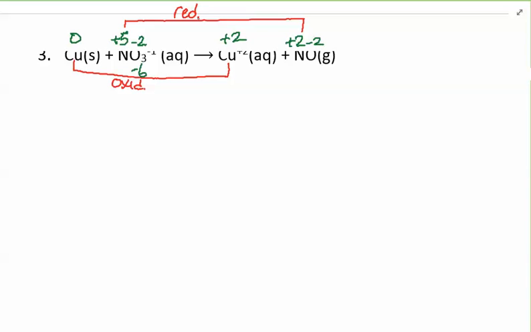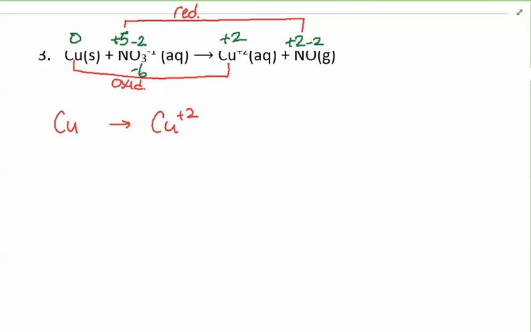So now we're going to split up our reactions into the two parts. I always start with whatever is first. So we have the copper going to copper +2. First thing we have to check is everything but O's and H's. Is everything but the O's and H's balanced? In this case it is. We have 1 copper on each side. After we check that, we check for oxygen. There's no oxygen, we don't have to worry about balancing it.